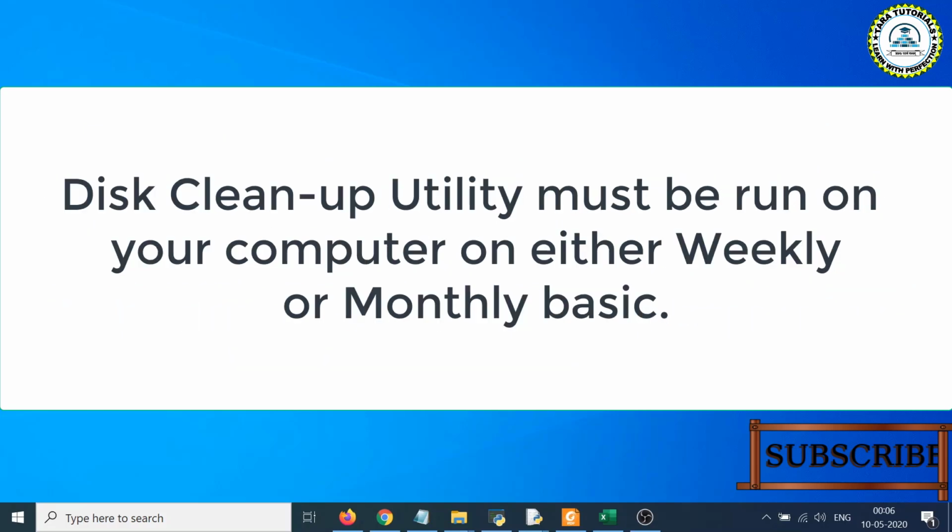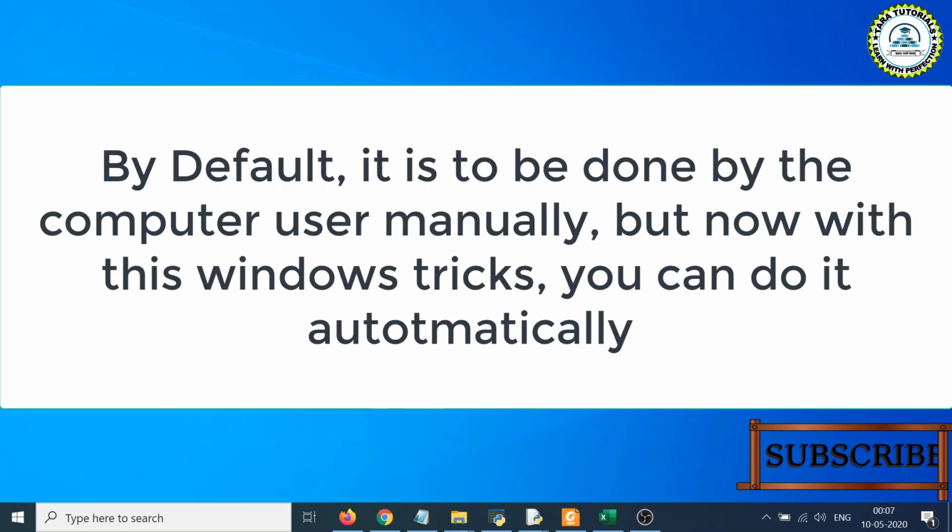So due to these reasons, it is suggested that from time to time you should go for the disk cleanup. Usually you need to perform this task manually, but if you want this task to be done automatically on a regular basis at a time which you decide, then this is possible with the Windows Task Scheduler.